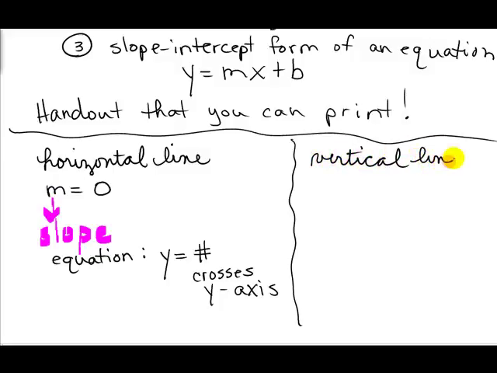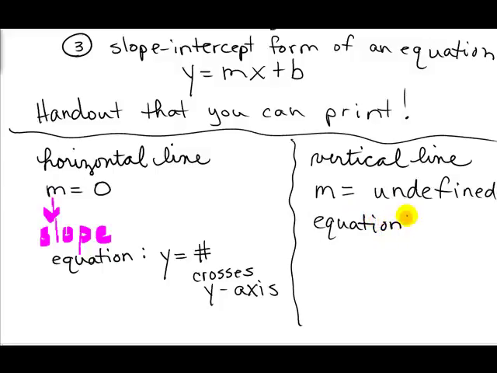Also in 8.2 we talked about the vertical line, and at the top of these notes we noticed that m was undefined. Remember, m is the slope. The equation when we have a vertical line will be x equals the number, and this is going to be the number where the line crosses the x-axis.